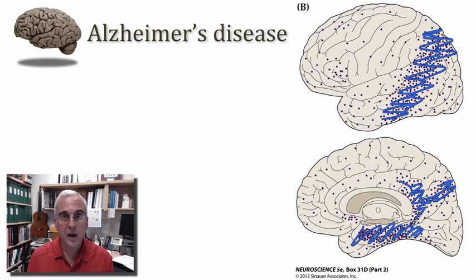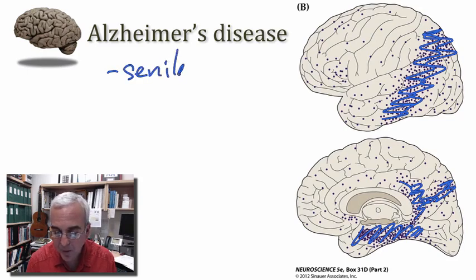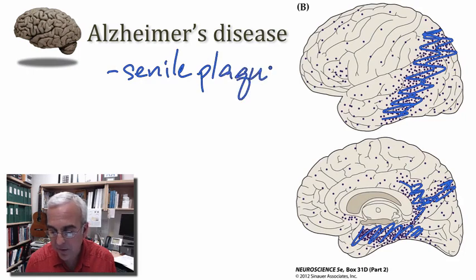So what these individual dots in this schematic actually represent are the two features that are hallmarks of this disorder. One is the presence of something called the senile plaque, which is an extracellular accumulation of protein and other kinds of cellular components. And the second hallmark is something that we call the neurofibrillary tangle.